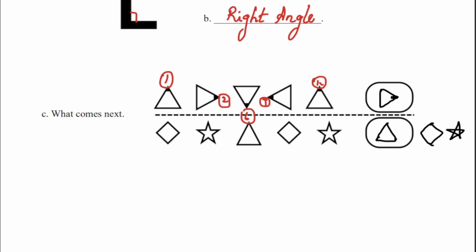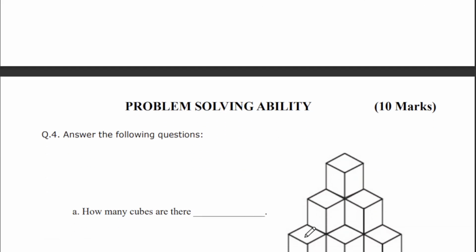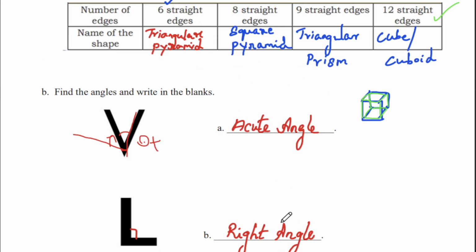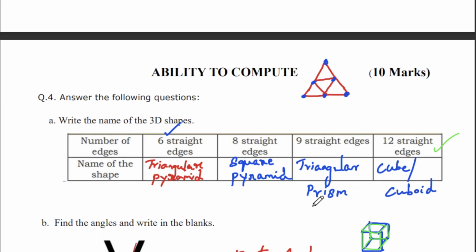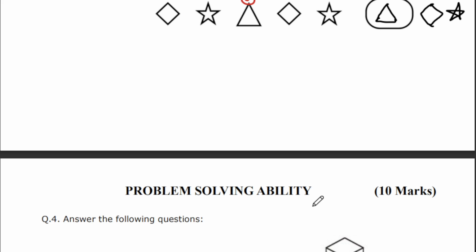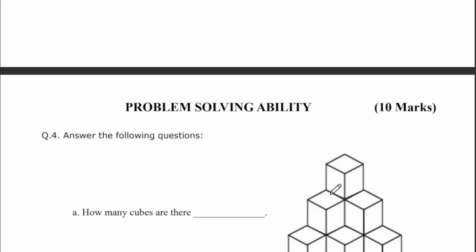So the pattern continues. Okay. Now we have completed the ability to compute. So now we have problem solving ability, 10 marks.